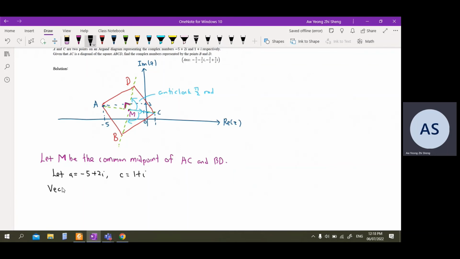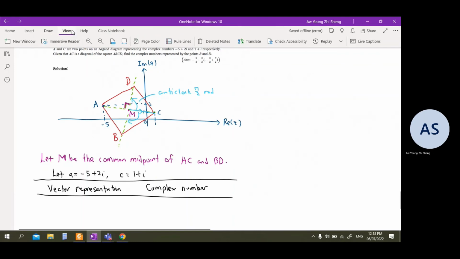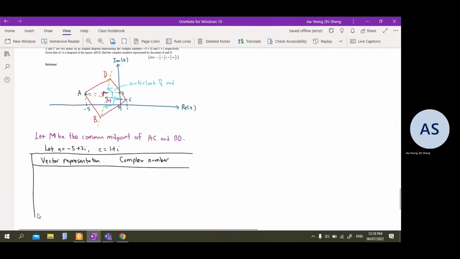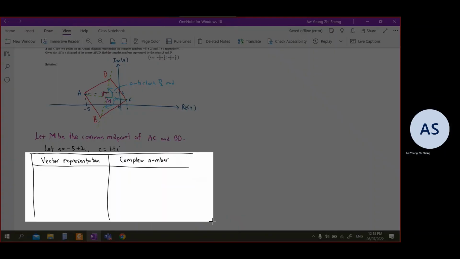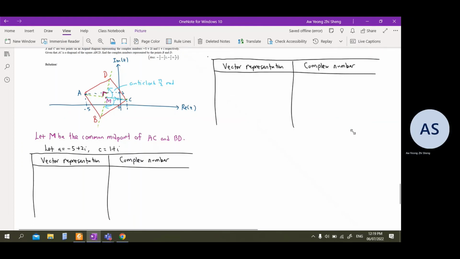The first column is vector representation, and the second column is complex number. Right. Well, maybe I should construct this table on the right of your screen so that I have more space to work there. Okay.